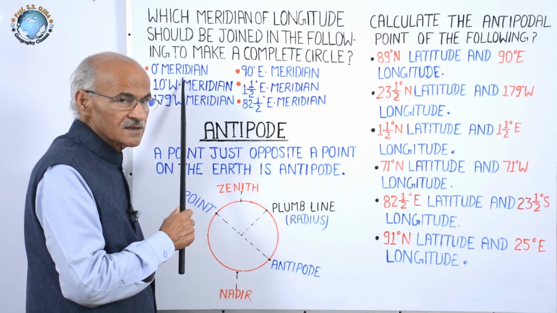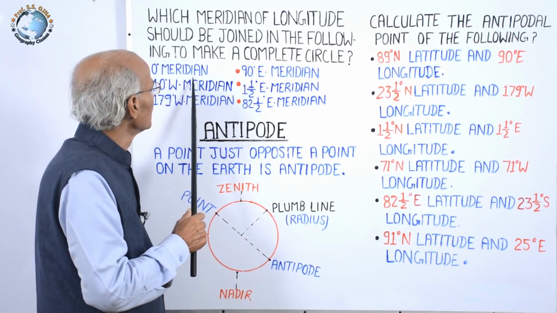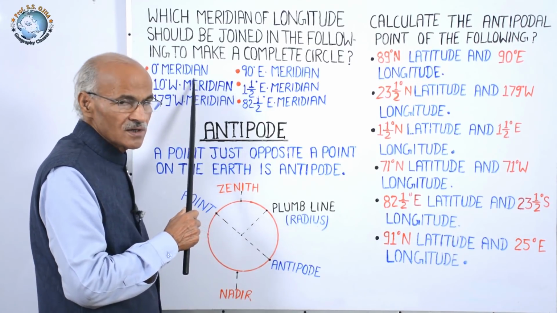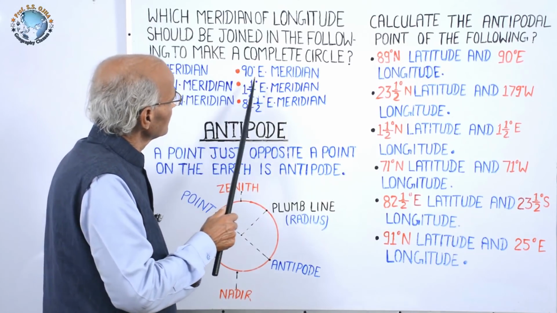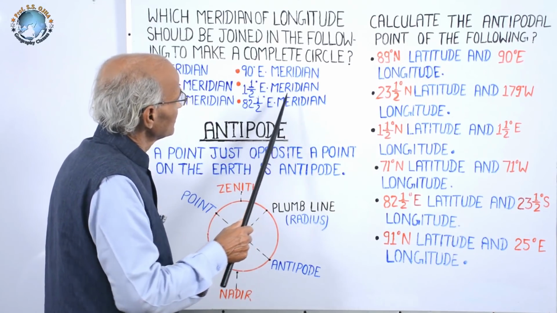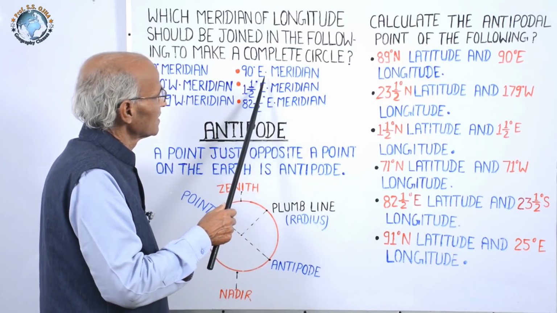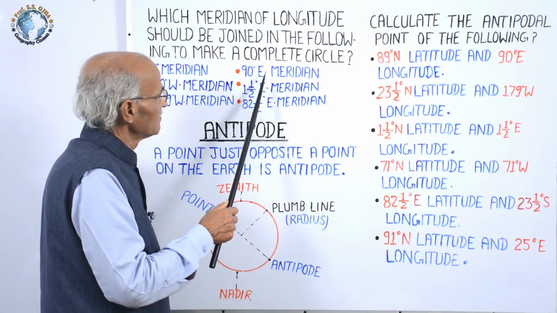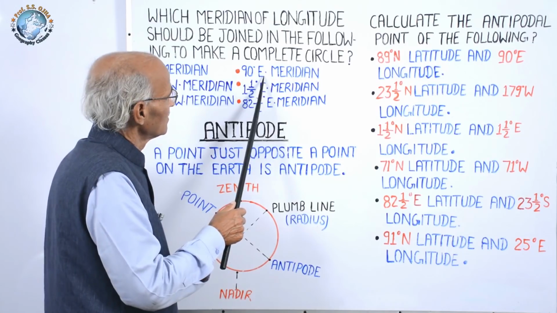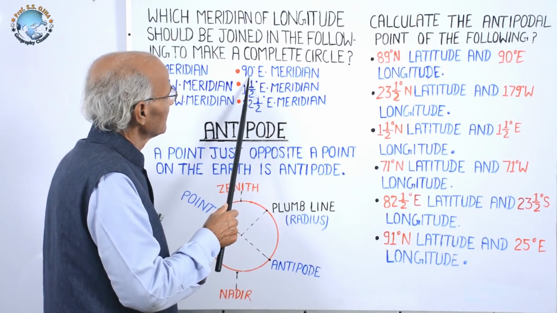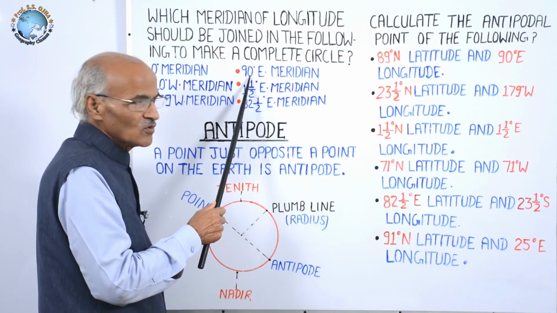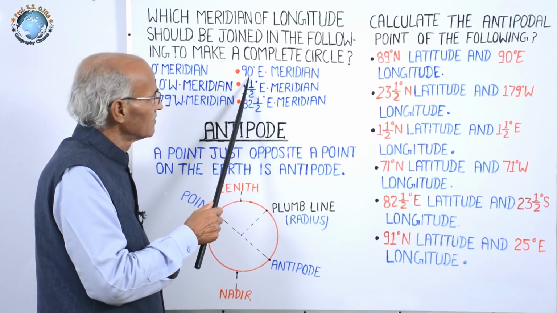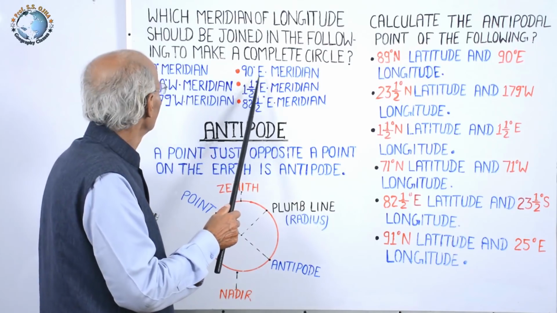We have already discussed 180 degree. 180 degree what? East or west? Nothing. Common. Second question is 90 degree east meridian. Its answer also has been discussed. In place of east, you will write west. In place of 90, you will deduct this 90 from 180. The answer will be 90 west.